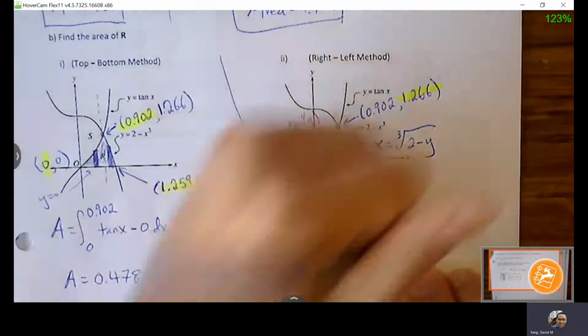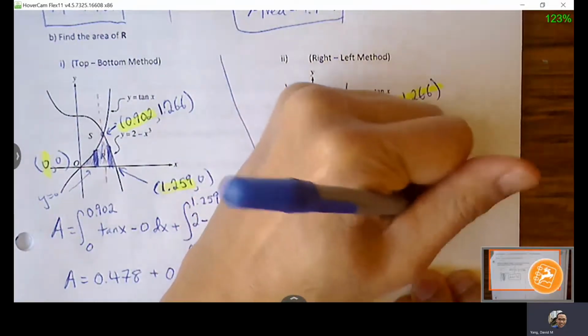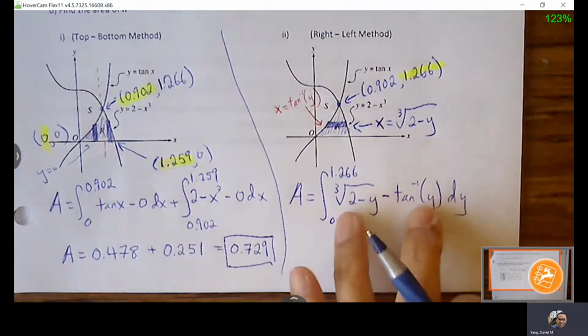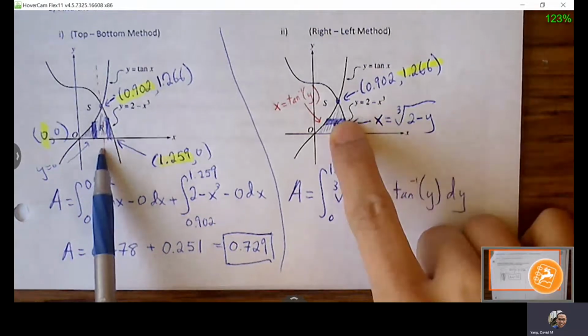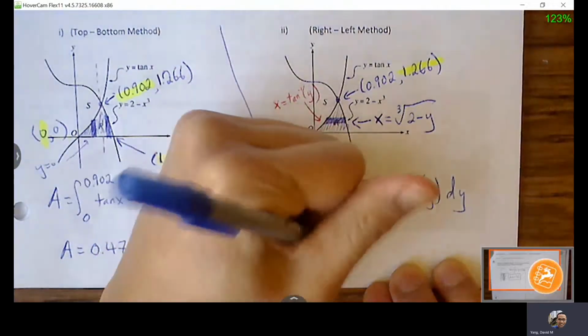Left endpoint is inverse tangent of y. On paper, you're writing in terms of y, but in the calculator, you're entering in terms of x. We should get the same answer as the previous one because they're both talking about region R. Different orientation, but should be the same area.